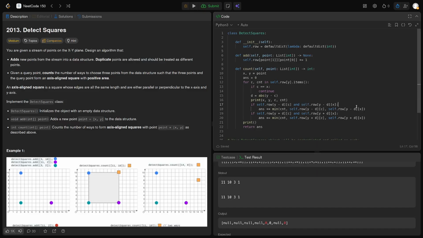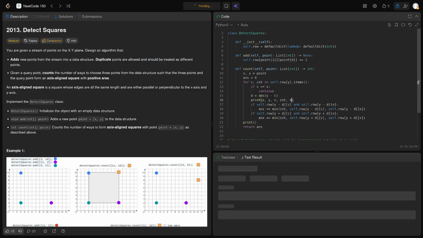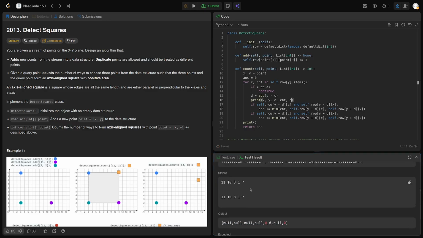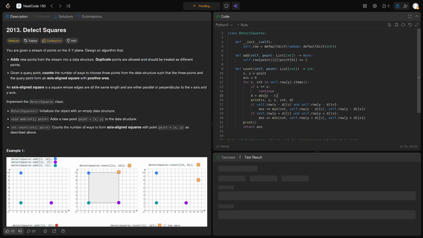Now we want to do also distance. 7. How is that a 7, bro? What's that? No, we want x distance, which is x minus that.